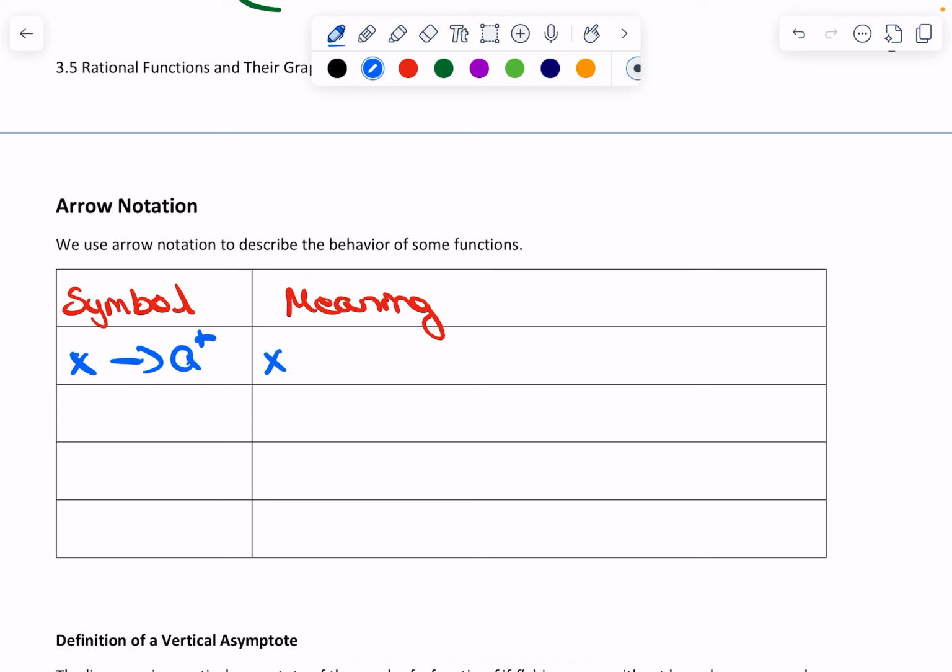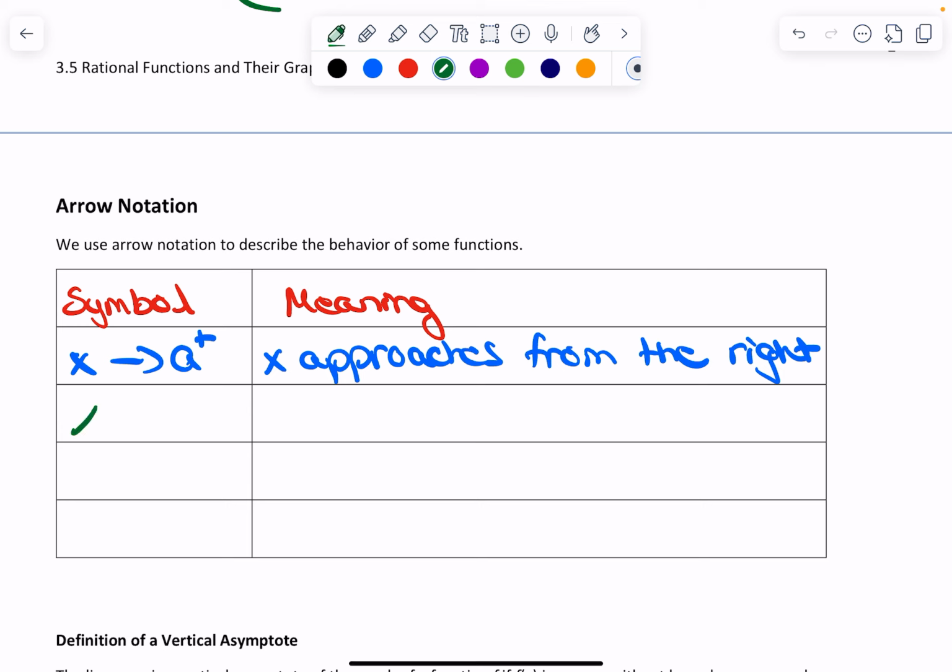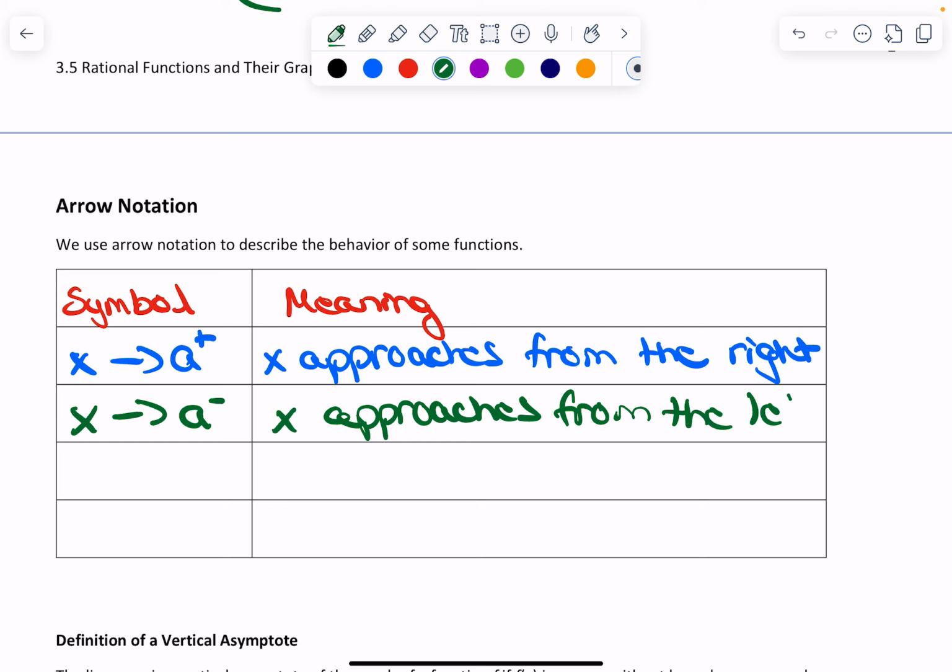What this means is that x approaches a from the right. Next one is x arrow a with a negative. And this means that x approaches a from the negative numbers, so from the left.